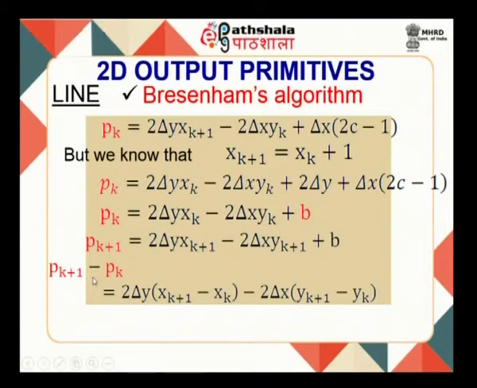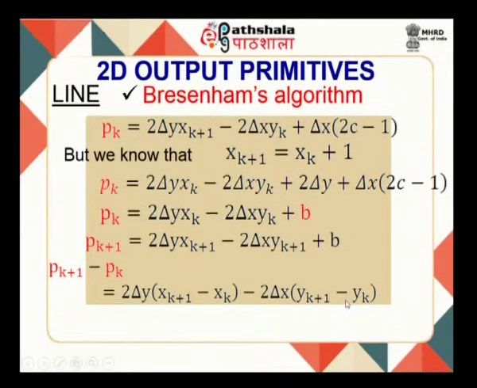Now, take the difference of these two decision parameters, p k plus 1 minus p k, which is equal to 2 delta y times x k plus 1 minus x k, minus 2 delta x times y k plus 1 minus y k. You can sit and write these down, and while you write them you will have more clarity and will not miss the derivation further.